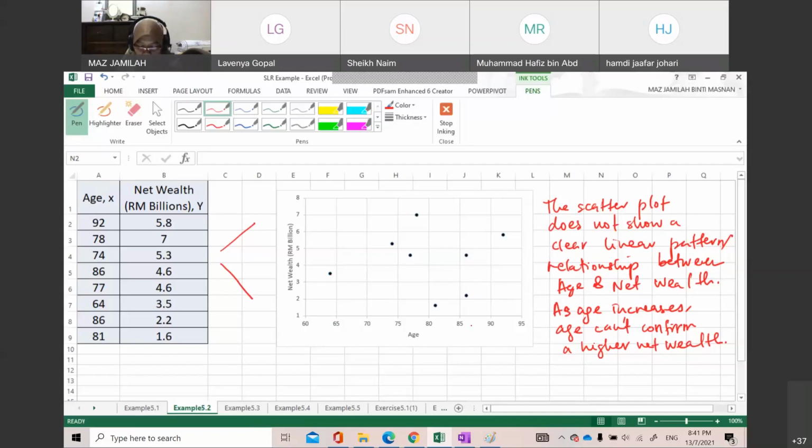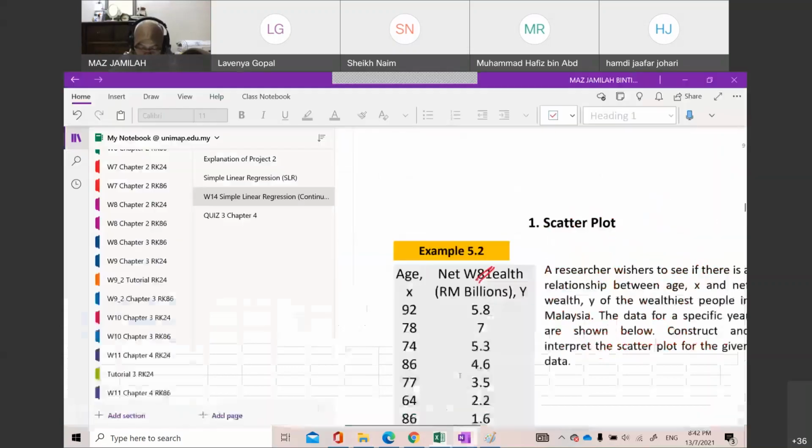The same goes for the age of 56, for example, where the net worth is around 2.1 billion. So there is no specific range. In fact, you have 86 with 4.7 billion, for example. So there is no specific pattern of as X increases, Y increases, or as X increases, Y decreases. You cannot really tell. If you don't have any question, I'll proceed to the next example.